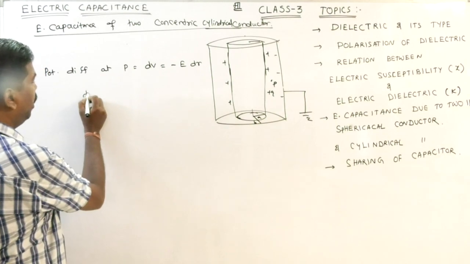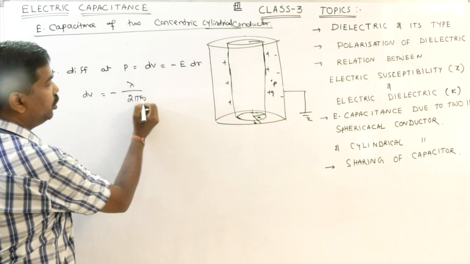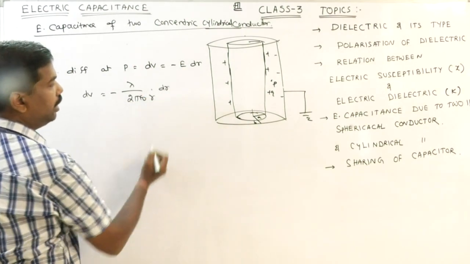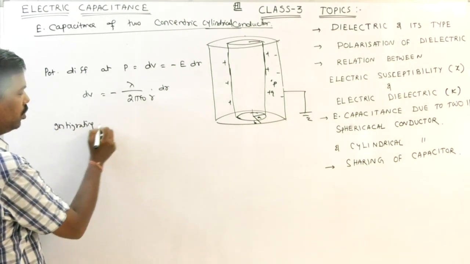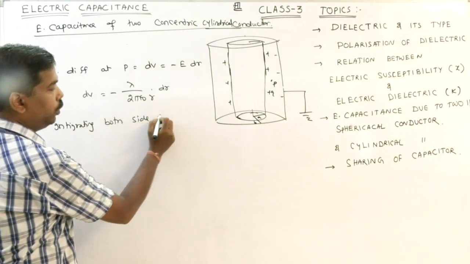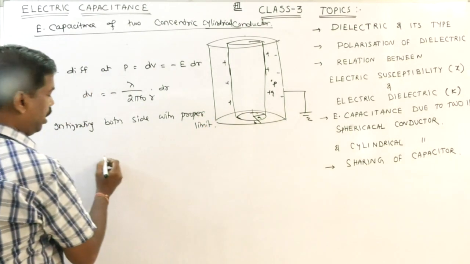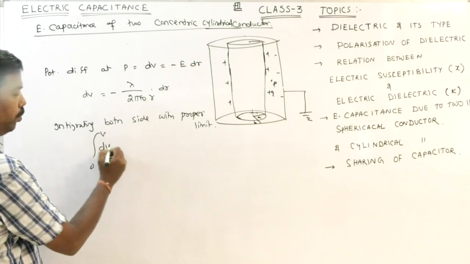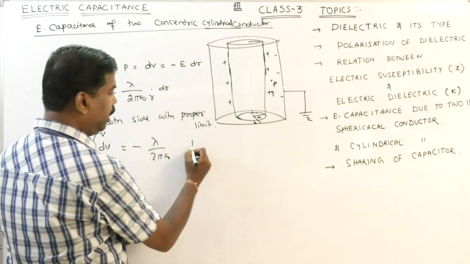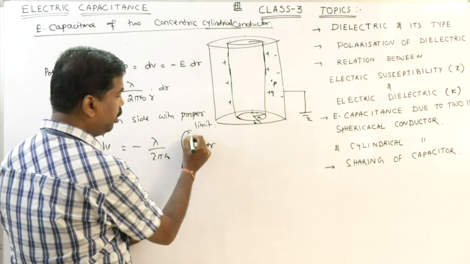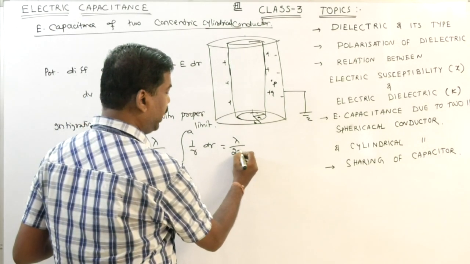For a cylindrical conductor, we know that for a linear charge distribution, electric field is lambda by 2 pi epsilon 0 R dr. Integrating both sides with proper limits, dV from 0 to V is lambda by 2 pi epsilon 0 taken outside as a constant, while 1 by R dr from outer cylinder to inner cylinder, that is B to A, and it is found to be lambda by 2 pi epsilon 0.